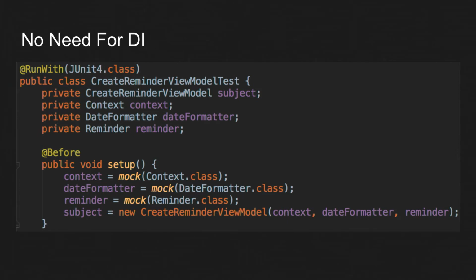So inside of your unit tests, you can just use that constructor to generate that object. In this case, I'm using Mockito to generate mock objects so I can control what those things are doing. But again, Dagger is unnecessary here because setting up Dagger to provide these things would just be a lot of work for no benefit, because it's so easy to do itself.